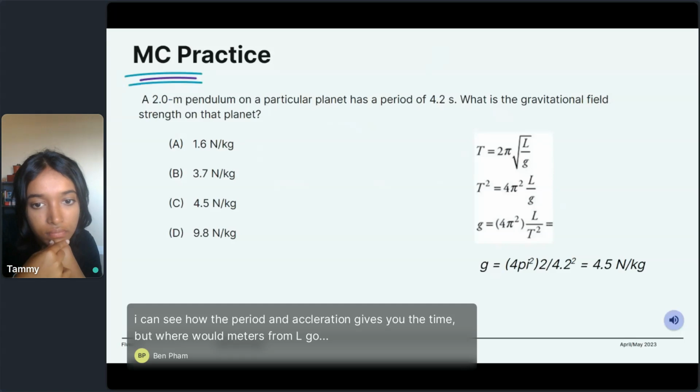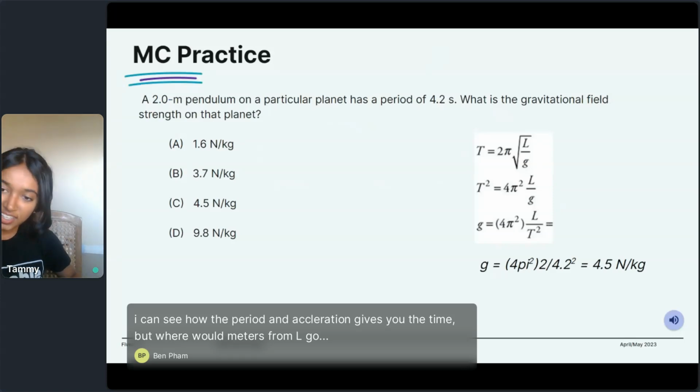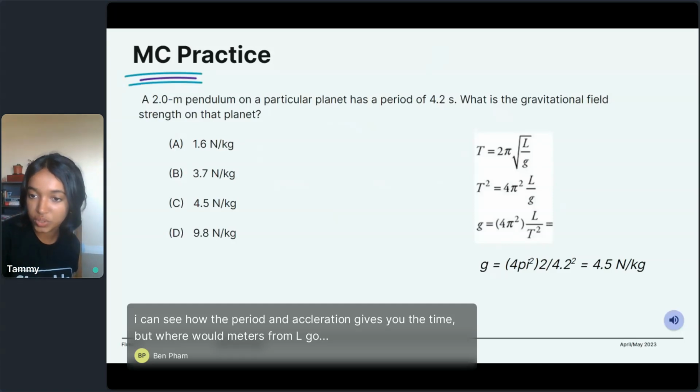The period is in seconds, and then L is in meters. That's meters per second squared. S squared is equal to M over S squared. I'm not too sure.